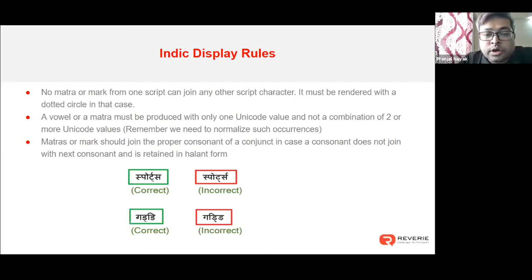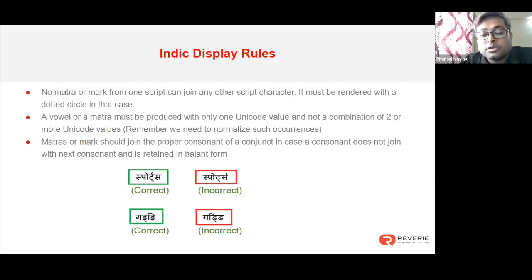Matras and marks should join the proper consonant of a conjunct in case the consonant does not join with the next consonant and is retained in the halant form. There are cases where even if we are joining two consonants, they don't join and form a different shape. Like the examples here of sports and gaddi, the ta and sa do not join.